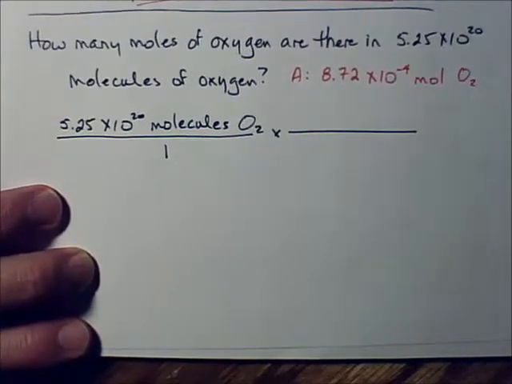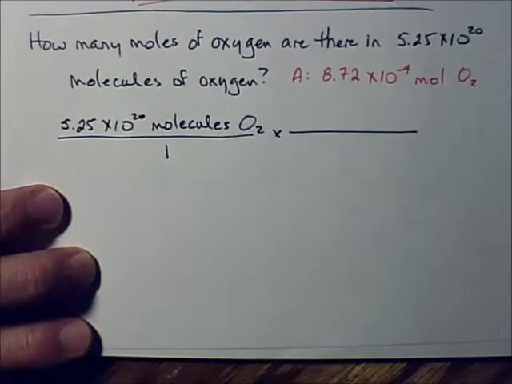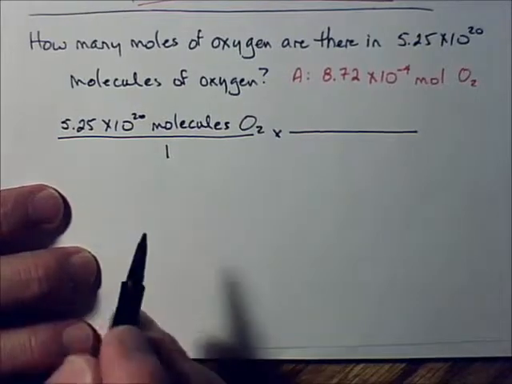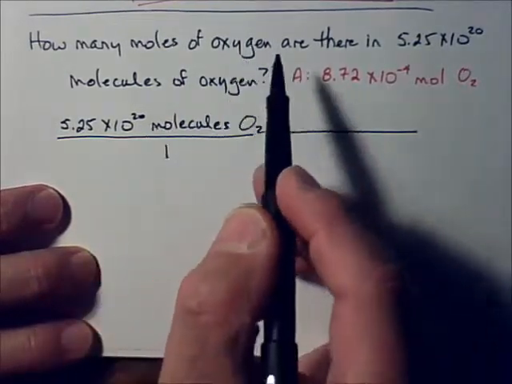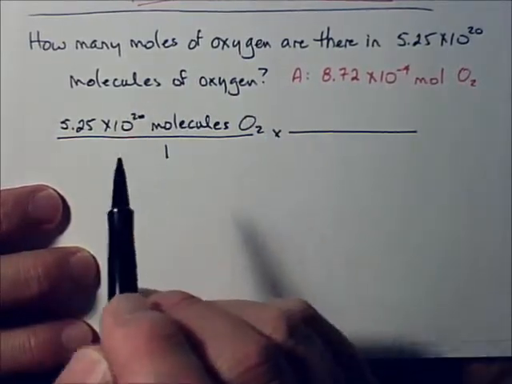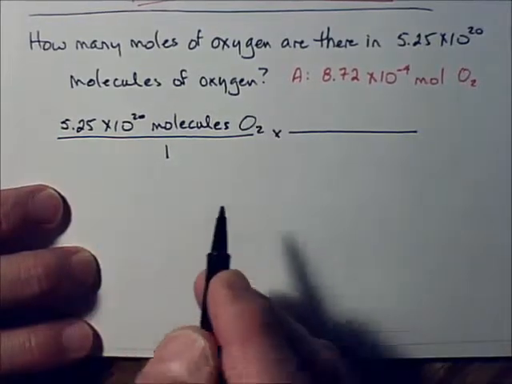I taught you this in Unit 1, so listen again. This is really super important. Always write an equality statement first, then build your conversion unit. Got it? Always write an equality statement first, and then build your conversion unit. So what is the equality statement that gets me from molecules to moles?